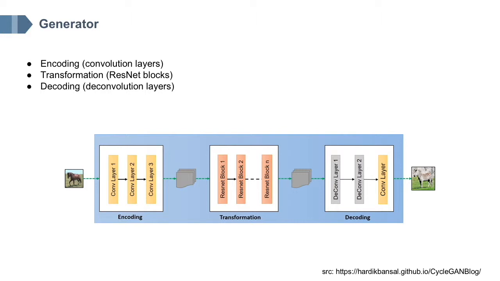The output size of the transformation phase is the same as the input size. It will preserve some original information of the image with the help of short links. Finally, deconvolution layers are used to restore an output image of the same size as the input image. This whole process could be viewed as an encoder-decoder model.